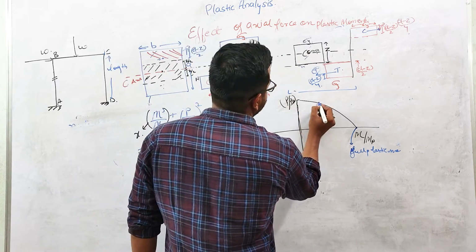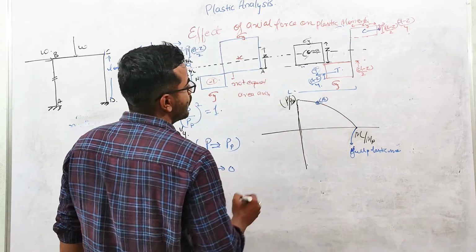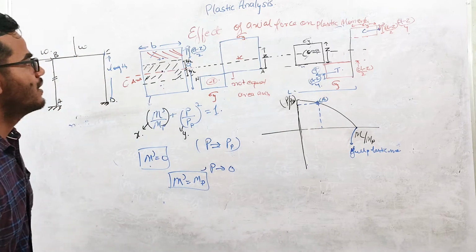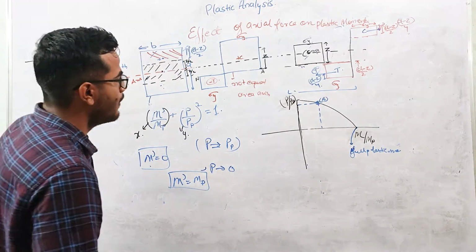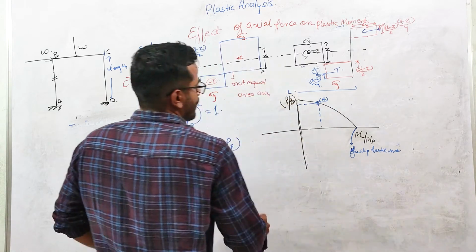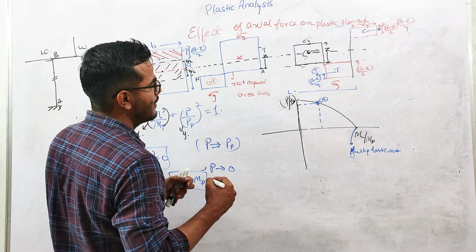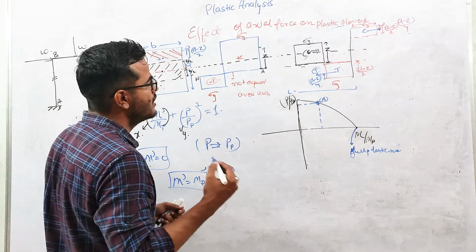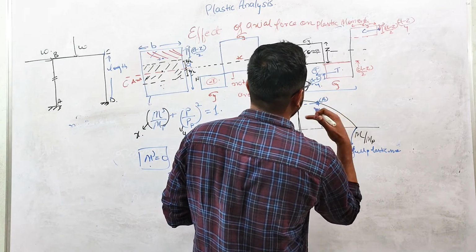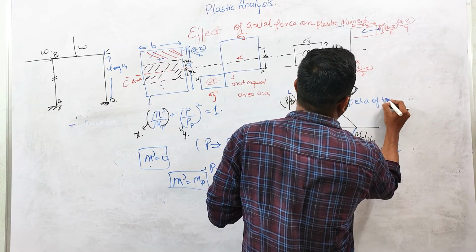And if your point lies somewhere at this point, what is this point A denoting? This point A is basically denoting the combination of the moment and the axial force which will result in the yield of the cross section.